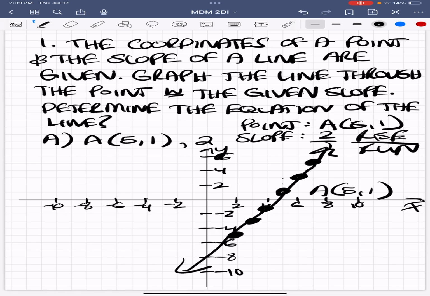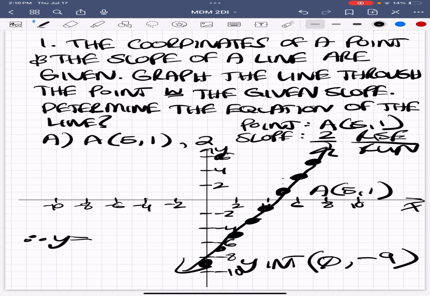So we find the y-intercept, or b, in the line formula of y equals mx plus b. So we have the y-intercept right there. The y-intercept being 0, negative 9. And then we have the equation of the line as well.